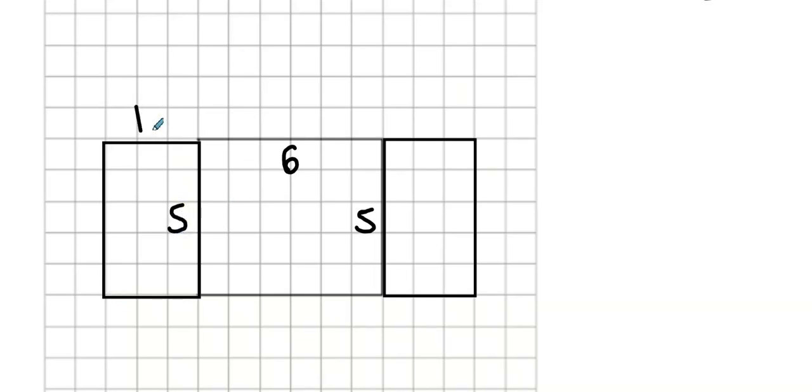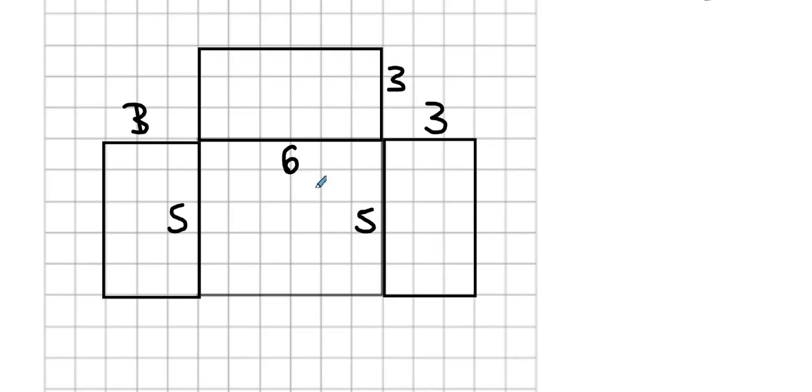Okay. Now, the next one I'm going to do is above here. Does everybody see above? Now, I'm going to do a 6 by what? I'm going to do a 6 by 3 because I haven't done 6 by 3 yet. Now, there's always a gap of 1 in between them. So, see, these two big ones are the same. So what has to happen is there has to be a gap of 1 between them. So what I'm going to do is get another 6 by 5.